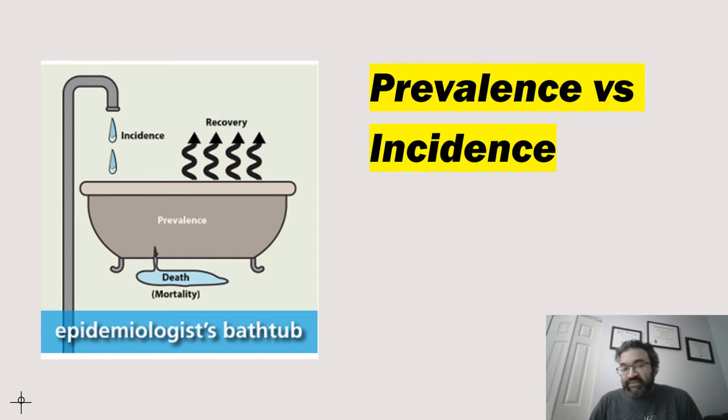So this is the famous bathtub model. Many of you might have seen this. What it is that there is incidence over here, and those are the droplets that are going into the prevalence. This is a filled bathtub. Now, if you have recovery, then this prevalence actually goes down because some are evaporating.